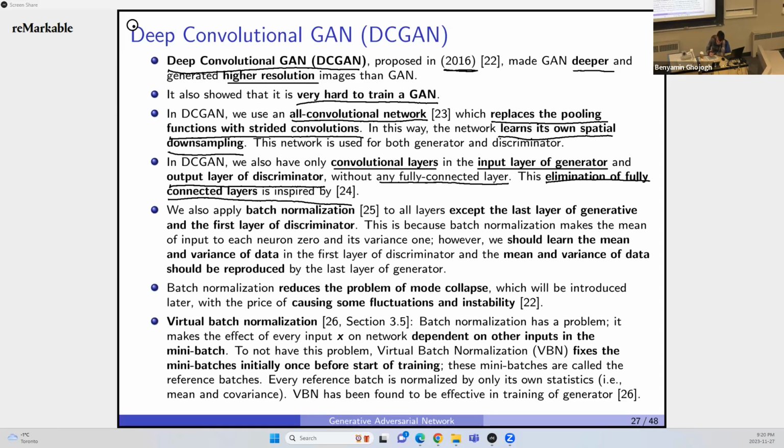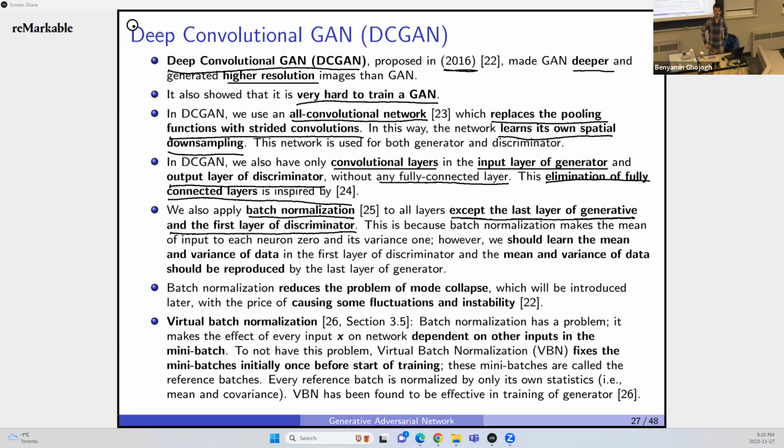They also use batch normalization, except the last layer of the generator and the first layer of the discriminator. Can you tell me without looking at the slide? So we have batch normalization in the layers of the generator and discriminator, but we shouldn't have batch normalization at the end of the generator and at the start of the discriminator.